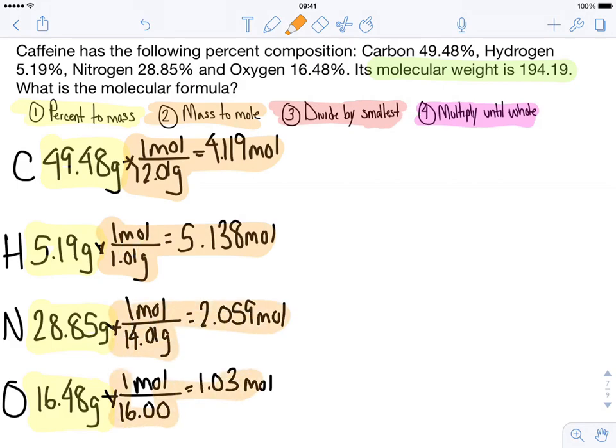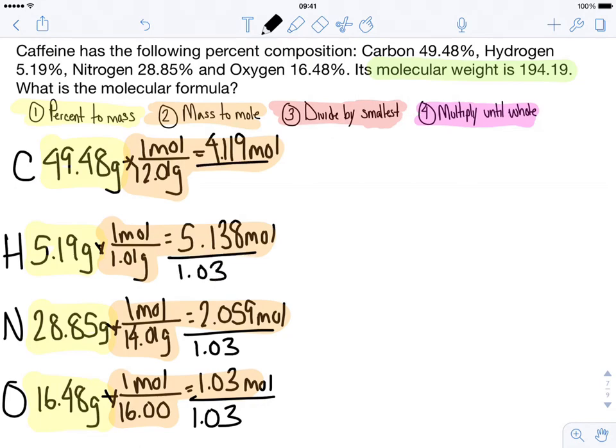Now, step 3, dividing by the smallest number. So of these 4, 1.03 is the smallest number. So I'm going to divide all of these by 1.03. And when I do that, for carbon, it comes out to 3.99, which we can round to 4.